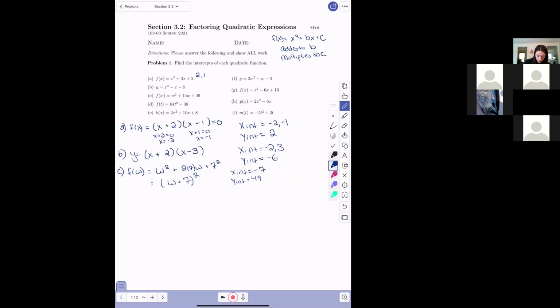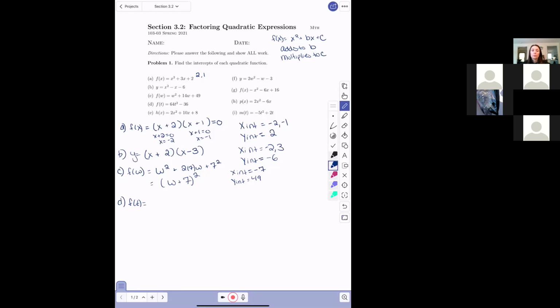D. This one's also f of t, written in a different form than the first few. But does anyone notice anything about the numbers 64 and 36? They're both perfect squares. Good.